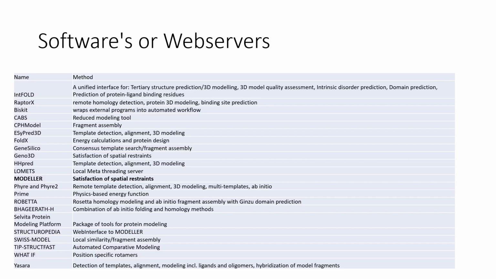MODELLER not only provides a homology modeling structure, it also gives you other options: if you want to optimize the structure, create a loop model, optimize the loop model, or check the quality of the model. We can do so many things using the MODELLER tool.